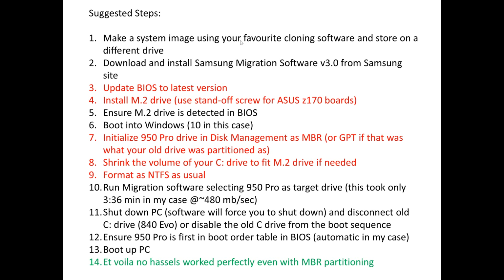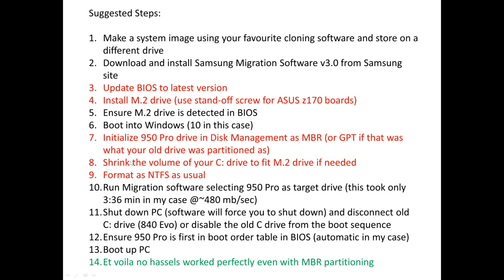And you then want to initialize the drive as master boot record, or if previously your old drive was initialized as a GPT drive, then you should keep that the same. But mine was an old MBR format, which is what everybody has been using. So I kept that the same because I wanted to see if this was going to work.